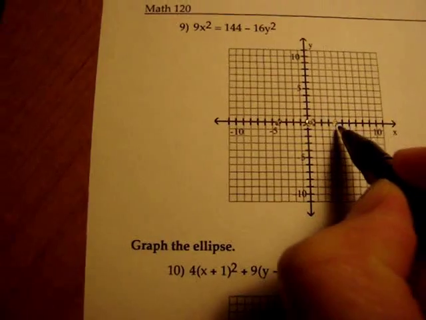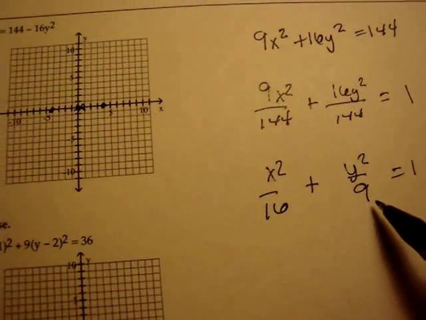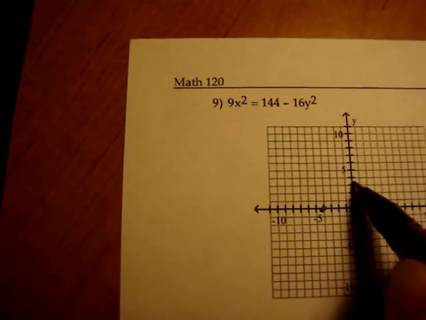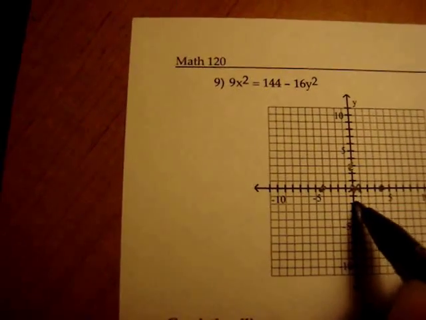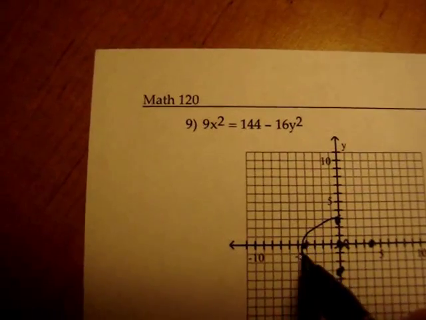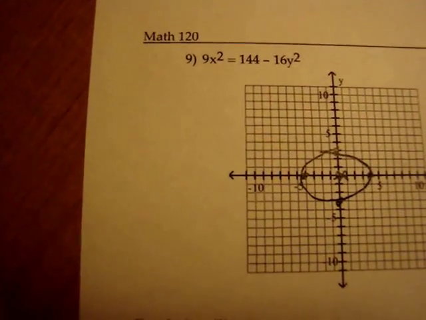That's difficult to see, I apologize. And now the number under y squared is 9. The square root of 9 is 3. So that tells me I should go up 1, 2, 3 and down 1, 2, 3. And now those 4 points are on my ellipse, and I connect them and I make a beautiful ellipse.